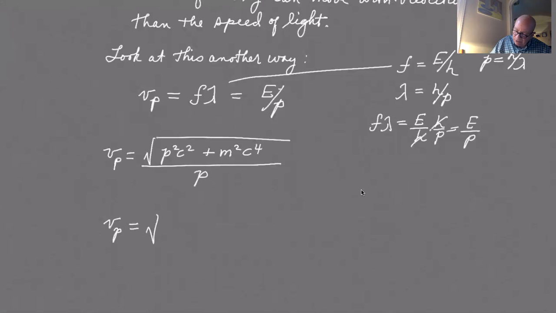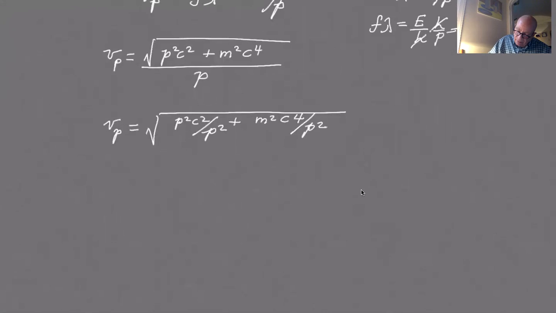So this is the square root of p squared c squared plus m squared c to the fourth over p squared. This gives us that the phase speed is the square root of c squared plus m squared c to the fourth over p squared.